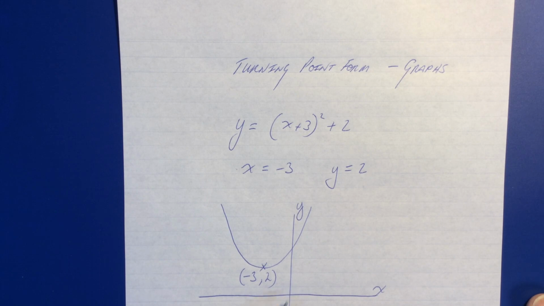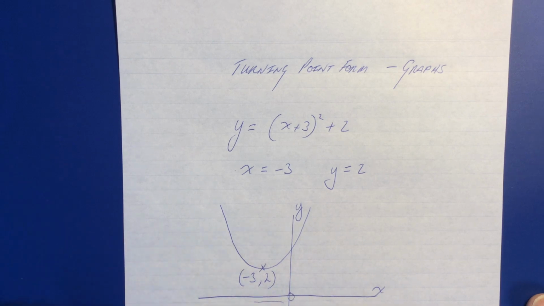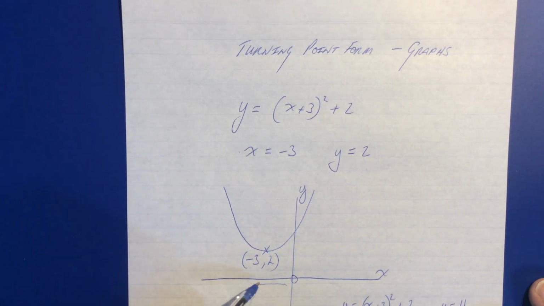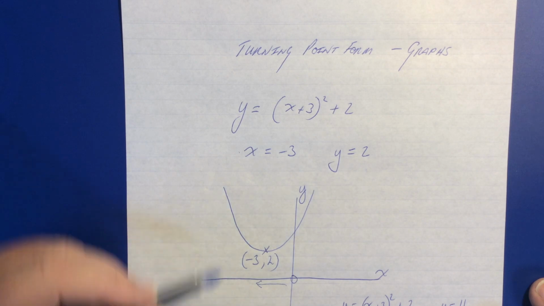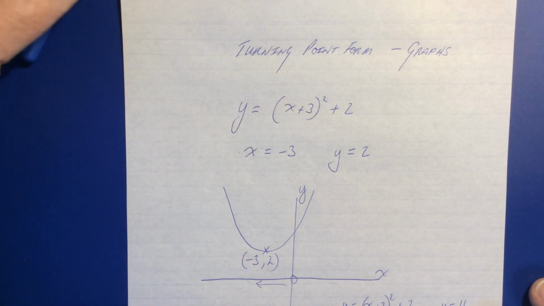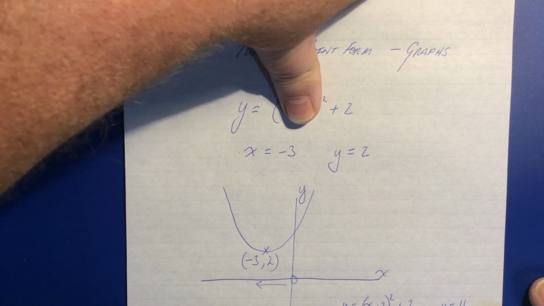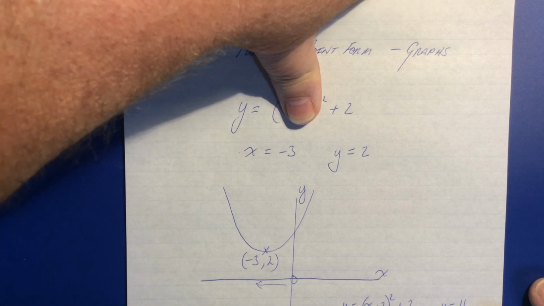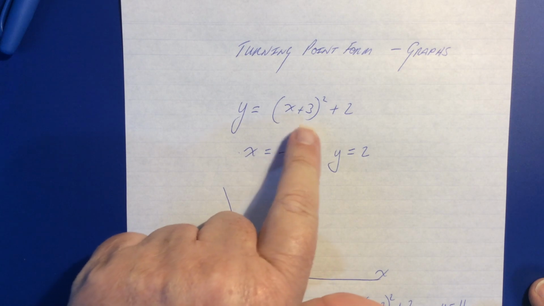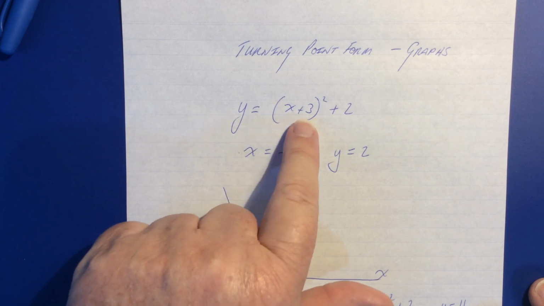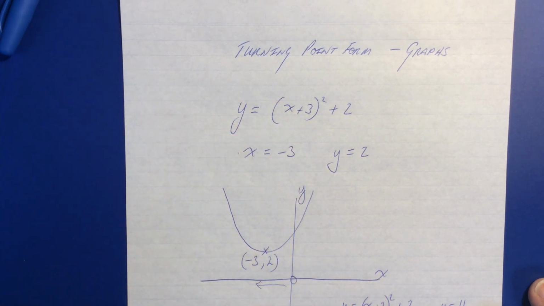So that is 3 units to the left from the origin, 3 units in that direction.